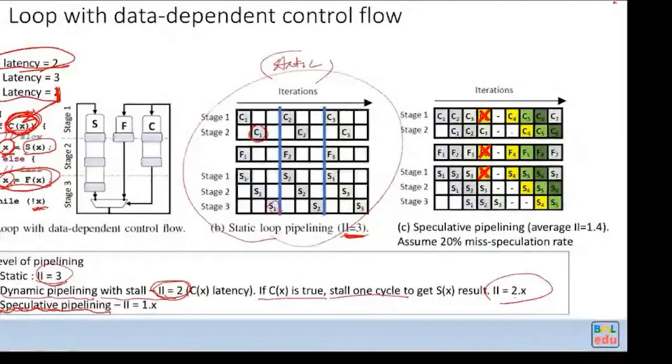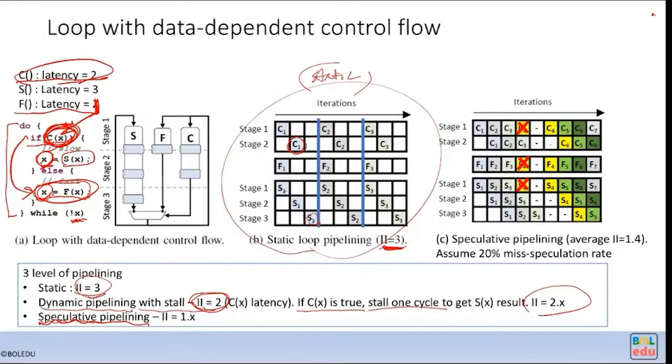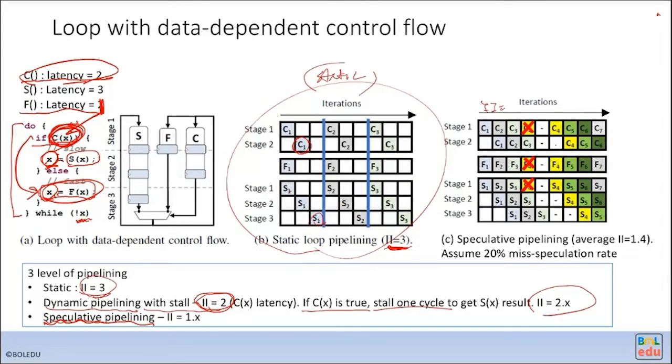That's the example here, a speculative pipelining. Here you simply run with II equal 1, until in the third iteration the C function finds out that the X evaluate is true.